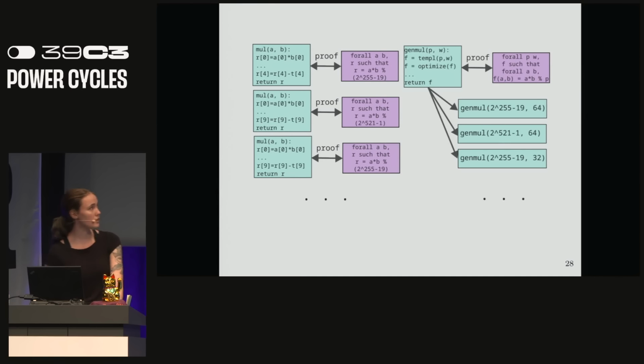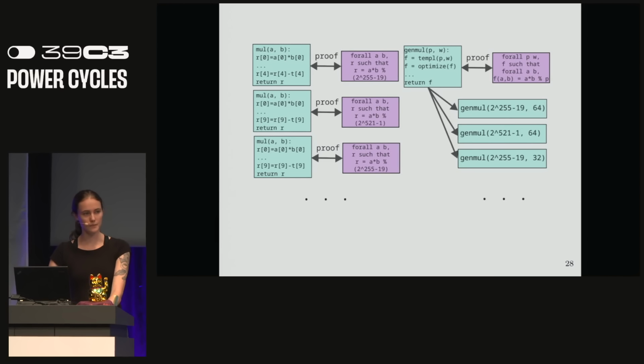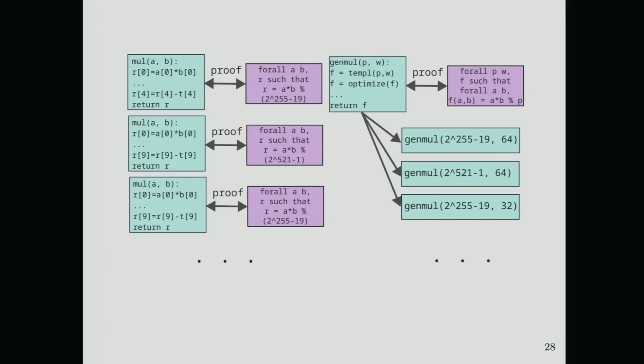You might decide to write a piece of code that generates modular multiplication routines, that maybe takes in the modulus and the architecture that you're targeting and produces a template, then tries to optimize that template, and then you call that with different arguments in order to get the multiplication functions.